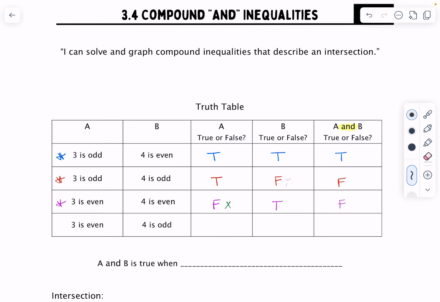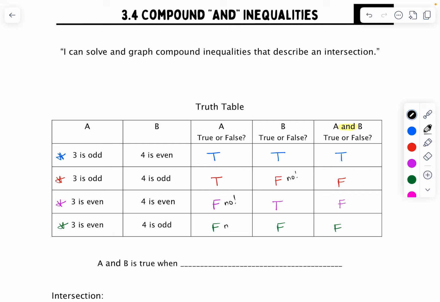I'm actually going to use a different color for saying no. So nope, nope. Because those are false, both can't be true. The last one, 3 is even, that is false, and 4 is odd, that's also false. Well, neither is true, so definitely both can't be true.